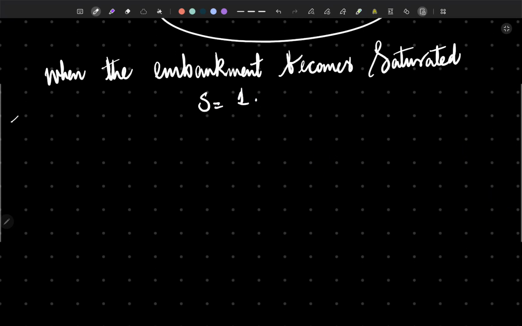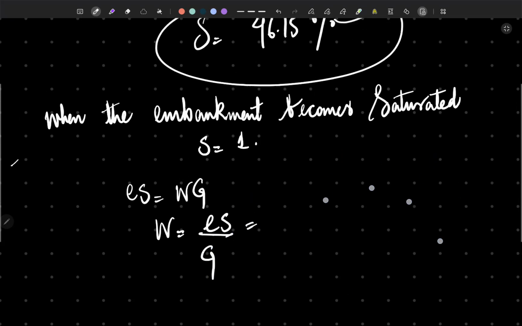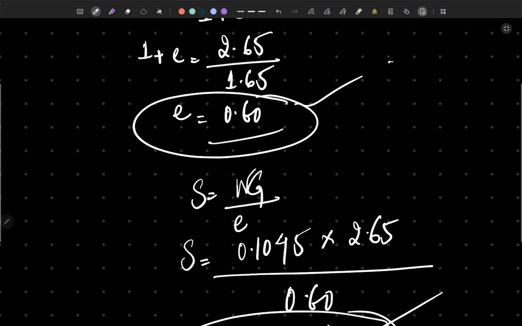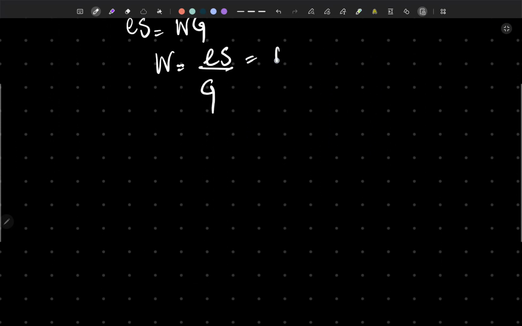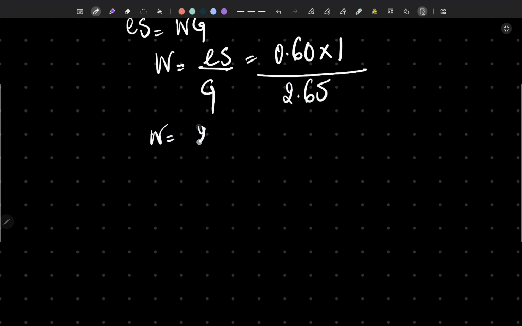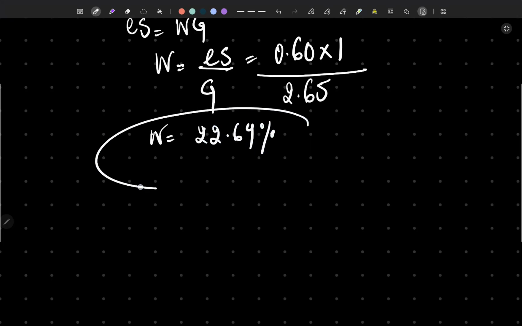The water content at S equal to 1, we'll use the equation e S is equal to w G, or w is equal to e S divided by G. e is 0.60, degree of saturation is 1, specific gravity is 2.65. By calculation, water content is 22.64%. So this is the water content after rains when the embankment becomes fully saturated.